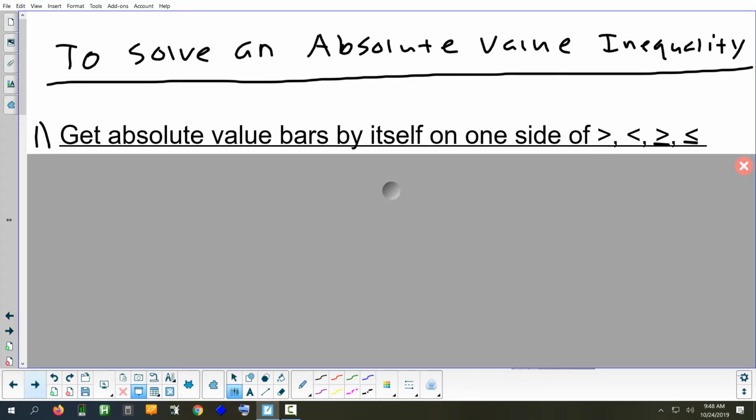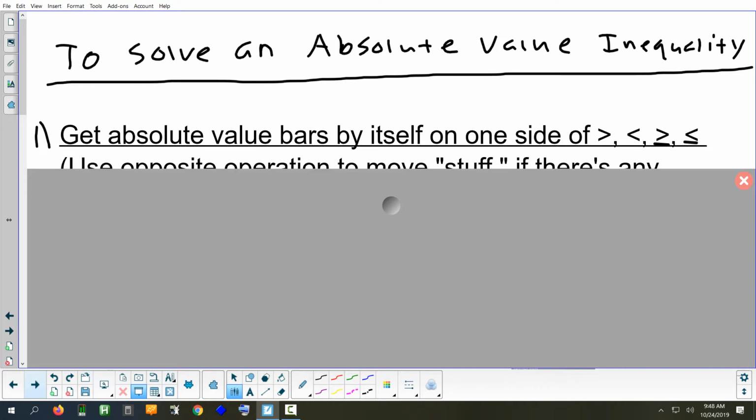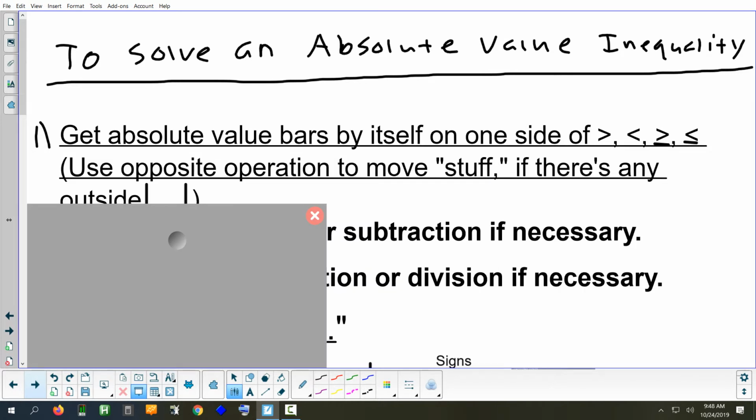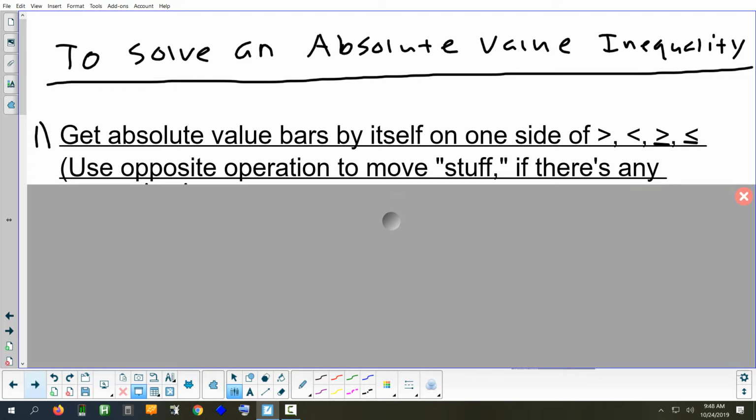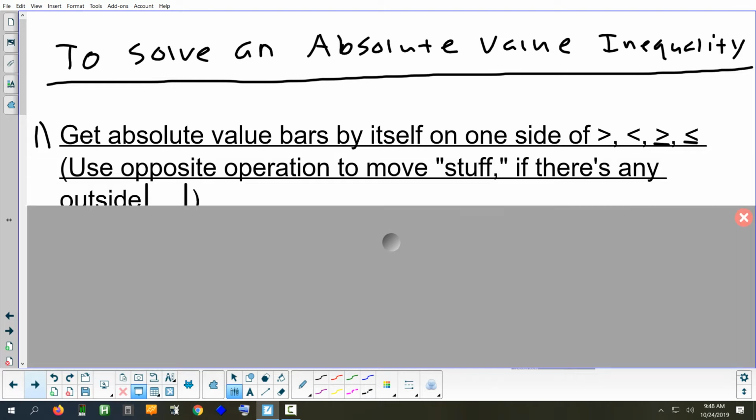For step 1, you have part of this written, and you're going to write the next part: get the absolute value bars by themselves on one side of the inequality. What inequality symbol are you going to have? It depends on the problem. You could have any one of those 4.